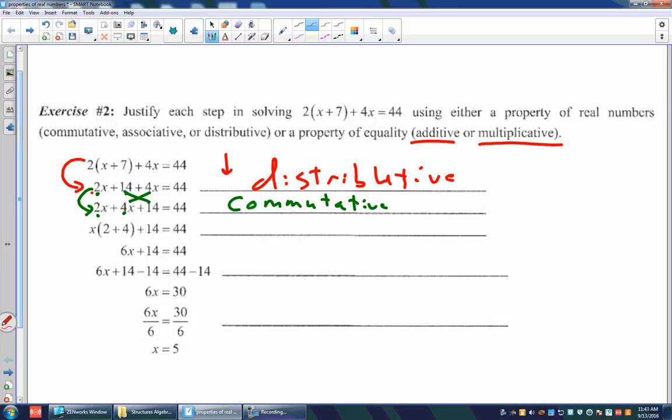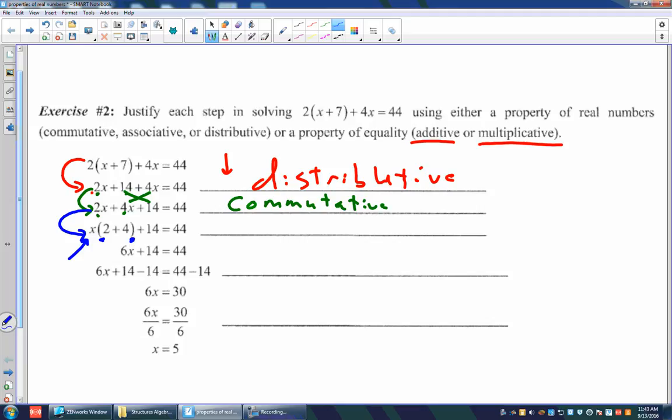Now let's look at the next line. What happens between those two? Parentheses appear. You might want to say we factored out an x. In fact, we did. We factored out not the greatest common factor, because there's still another number that's common in there, but we factored out an x.